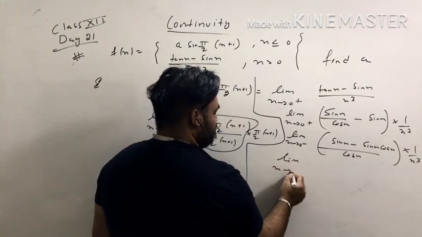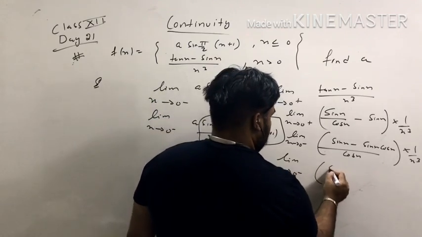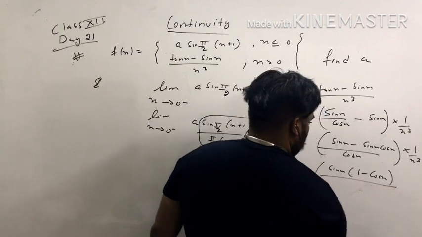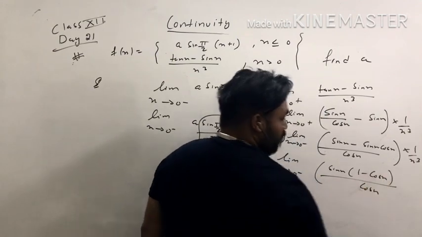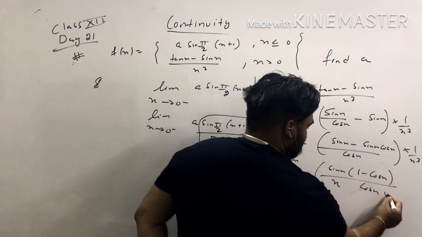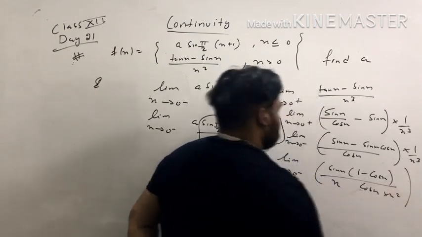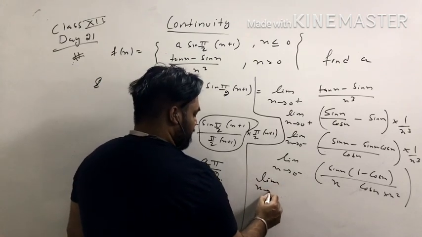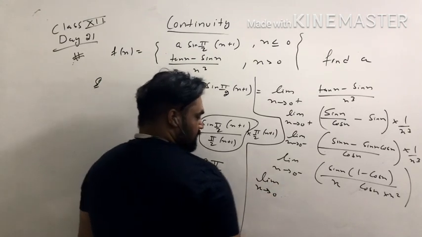Limit x tends to 0 minus, we take sin x as common. Now we split this x cube into x and x square. So now very important step, please listen to it carefully.